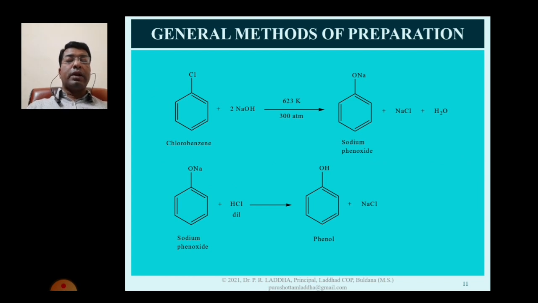Here is how that reaction takes place. In the first step, chlorobenzene reacts with sodium hydroxide at 623 Kelvin temperature and 300 atmospheric pressure. We get sodium phenoxide. And in the second step, sodium phenoxide on acidification with dilute HCl gives us phenol.